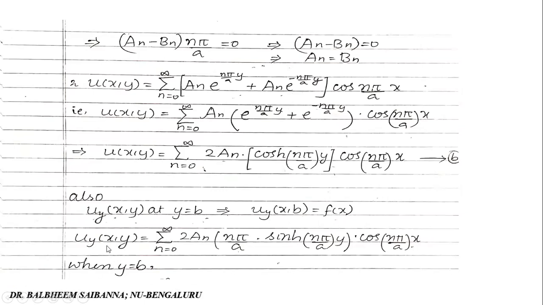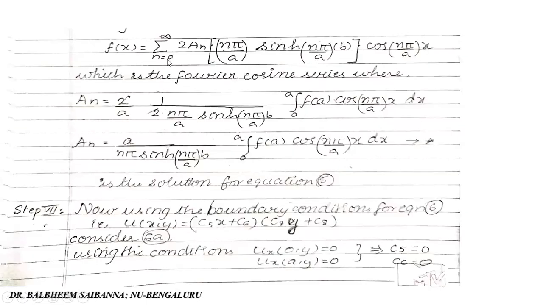Then, instead of u of (x, y), when y is equal to b, we are applying this condition. f of x is equal to the summation of n from 0 to infinity of 2 times A n pi by a sine hyperbolic n pi by a into b cos n pi by a into x, which is the Fourier cosine series, where A n is equal to 2 by a times 1 by 2 n pi by a, this one sine hyperbolic n pi by a into b, integral from 0 to a of f of x cos n pi by a into x dx.